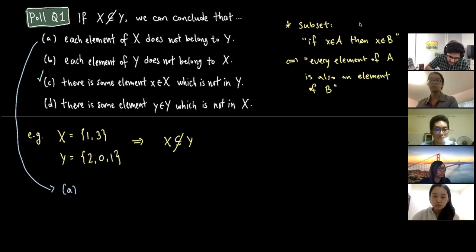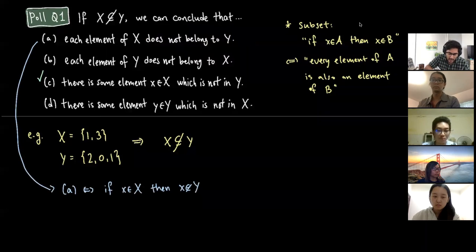A means that if x is in X, then x is not in Y. And that's simply not true. For example, I could have little x be 1, and 1 is in Y.